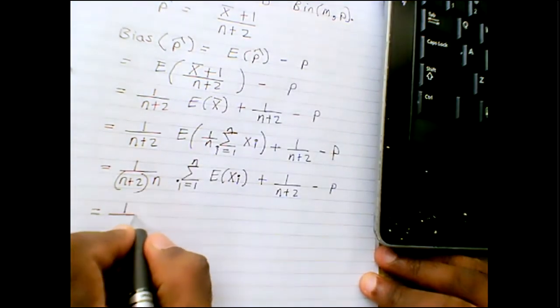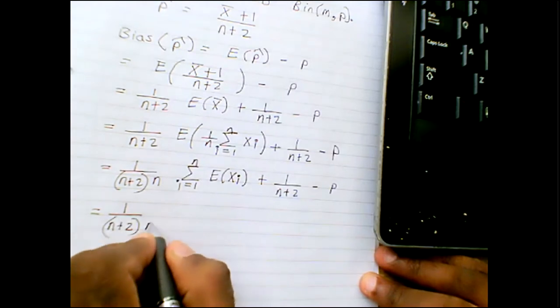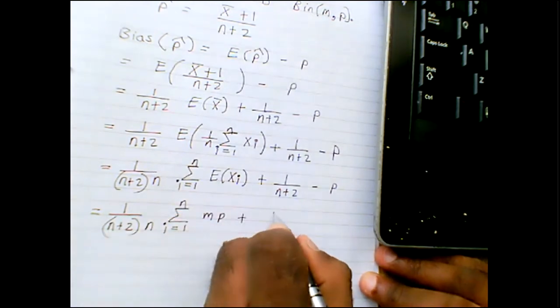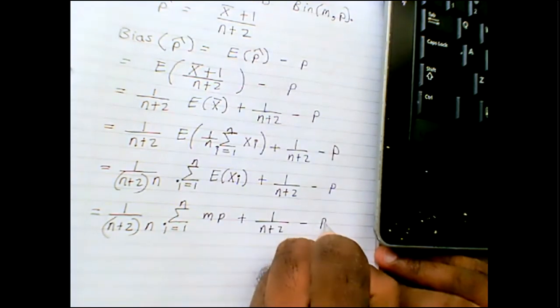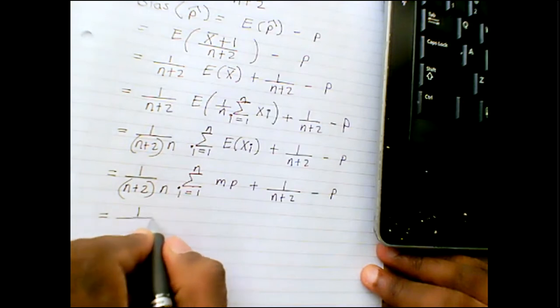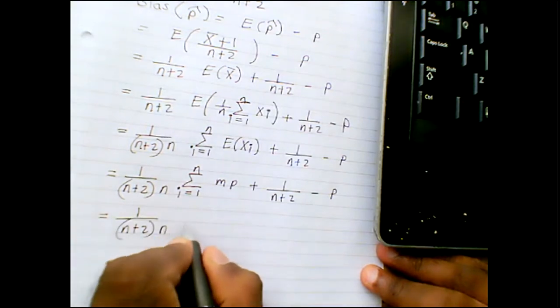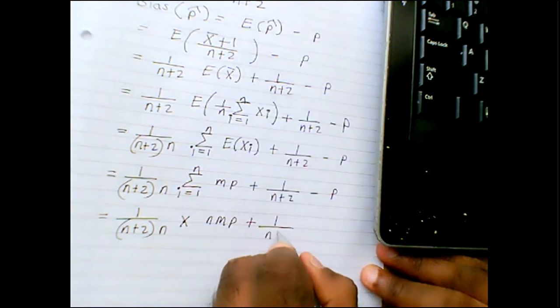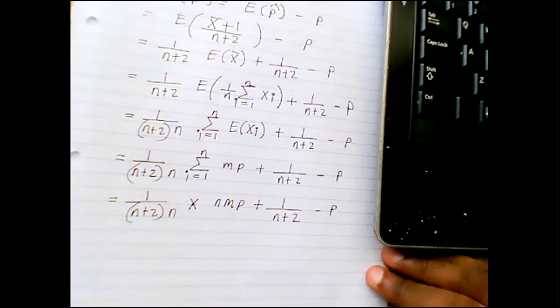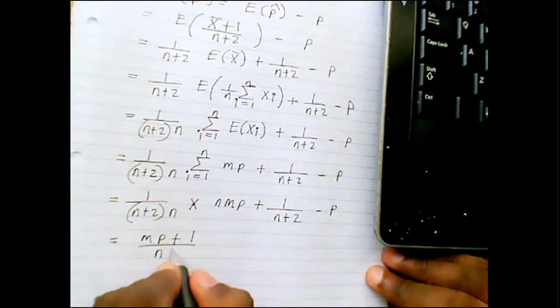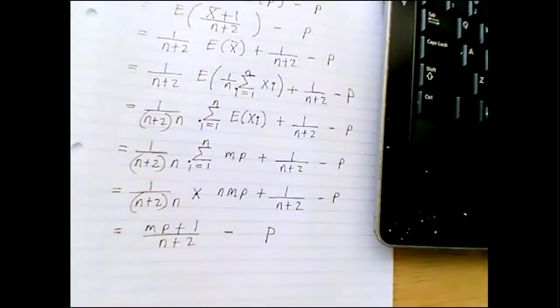So what you have is this. mp is a constant with respect to i, so this simplifies to mp plus 1 divided by n plus 2 minus p. So this is the bias of the estimator.